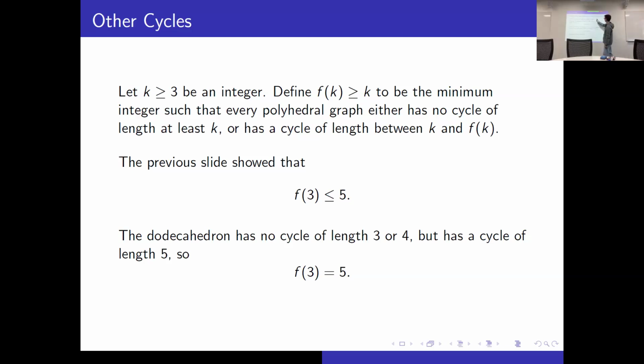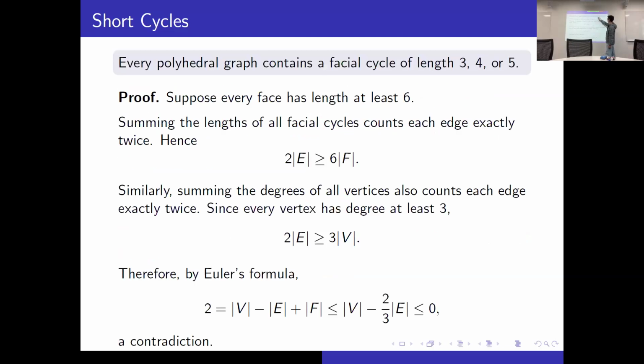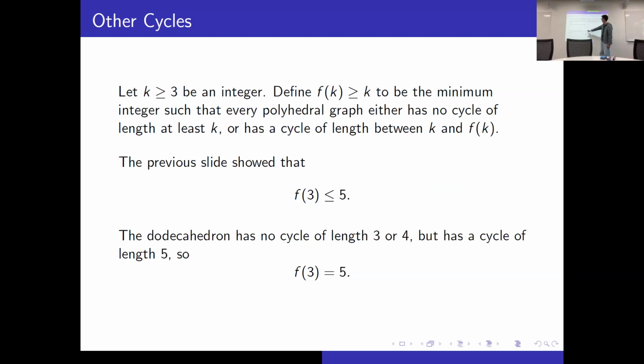What we have just seen is that we must have a cycle of length 3, 4, or 5. So if you choose k to be 3, the polyhedral graph must have a cycle of length between 3 and 5. So that shows that f(3) is at most 5.